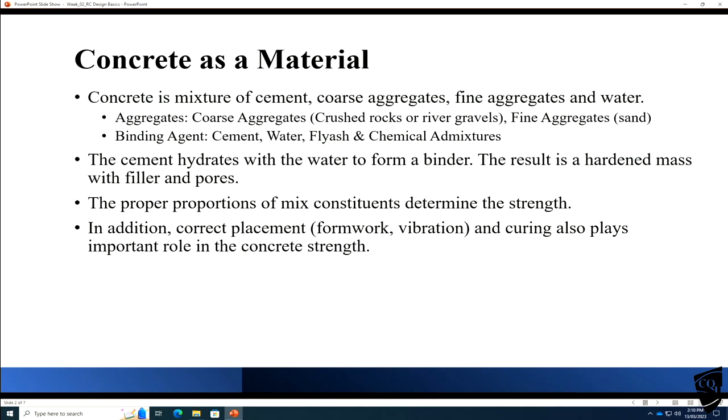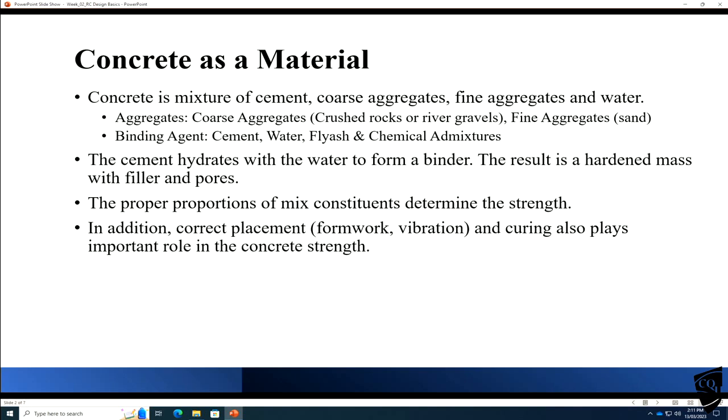So concrete, as we discussed briefly last week, is a mixture of cement, aggregates and water. Generally the aggregates give the strength, and the cement is used as a binding agent.